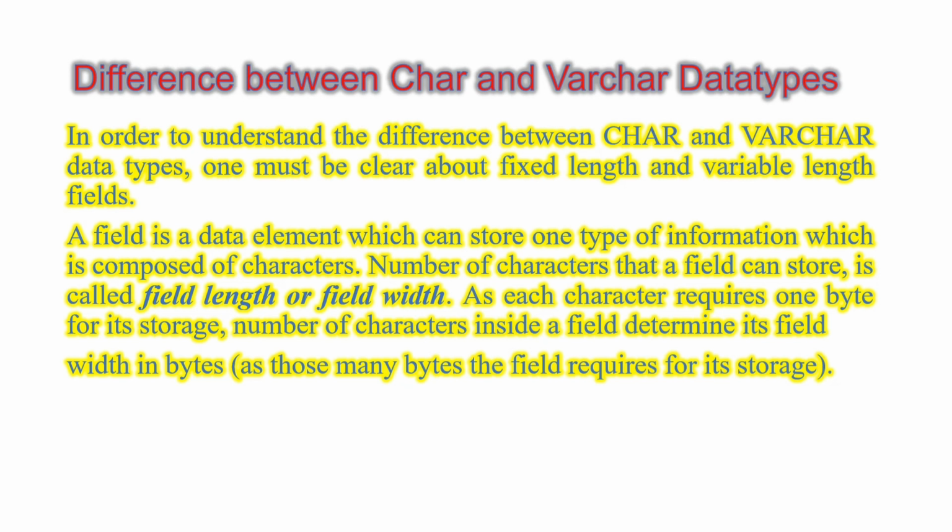The number of characters that a field can store is called field length or field width. As each character requires 1 byte for its storage, the number of characters inside a field determines its field width in bytes, as those many bytes the field requires for its storage.